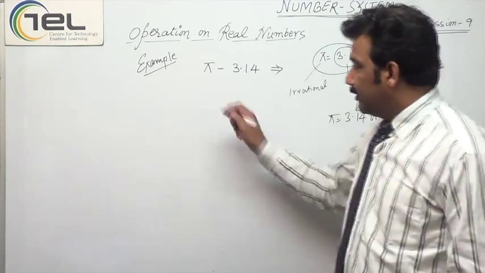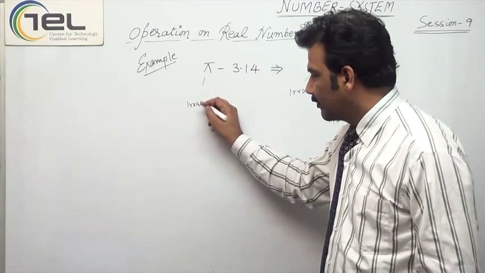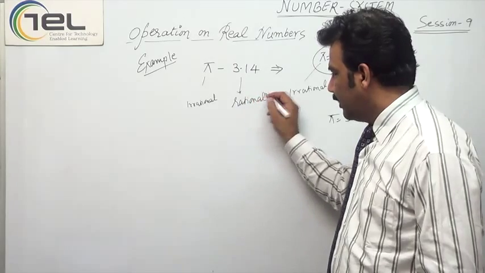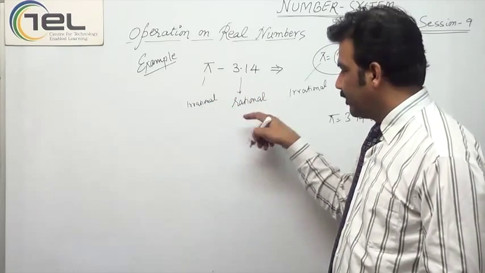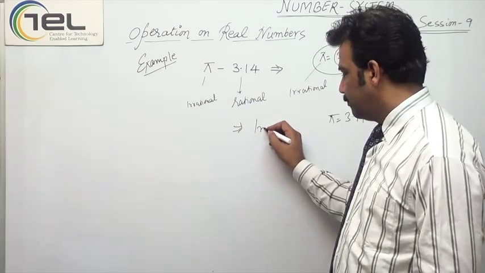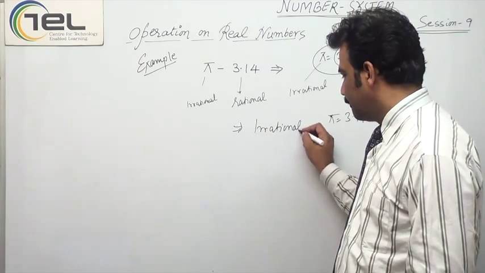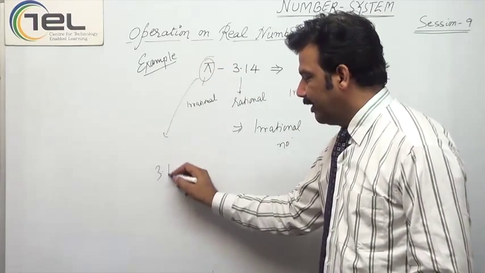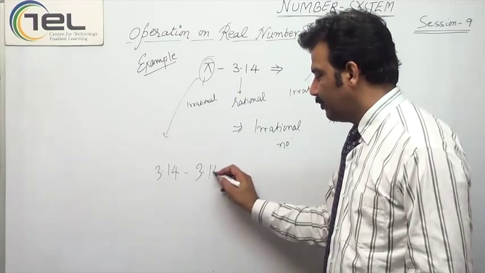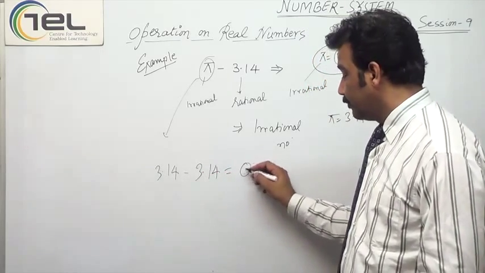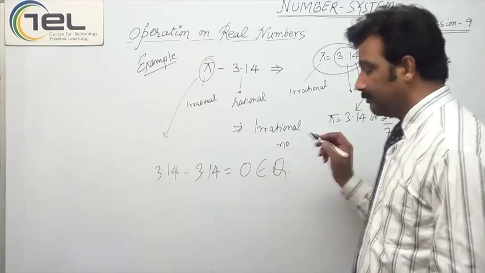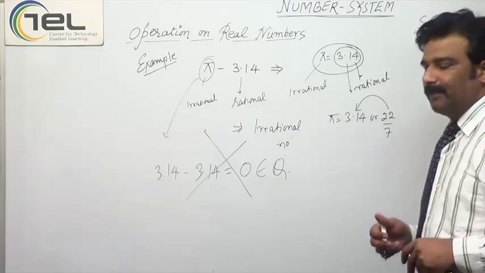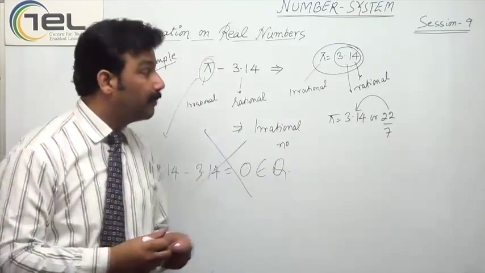But this is an irrational and this is a rational, and the subtraction of irrational and rational will result into an irrational number. Don't think it as 3.14 minus 3.14 and it will result 0, which is a rational number. This will be a wrong answer. Perfectly wrong answer. 100% wrong.